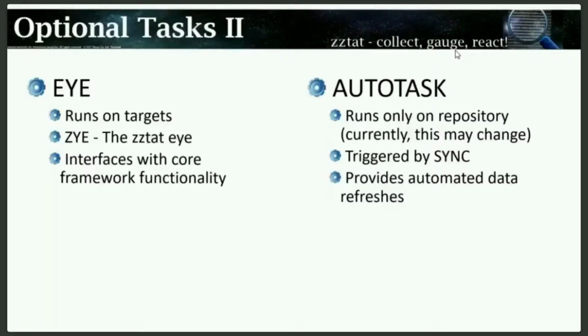So for instance, if you have an OS statistics metric that you collect on your target databases, you can say that whenever the OS stat is replicated to the repository and that replication completes, we then refresh our OS statistics chart, or the underlying data of that chart, to be more exact. So this is also triggered by the sync process, and Autotask is basically what does the heavy lifting.